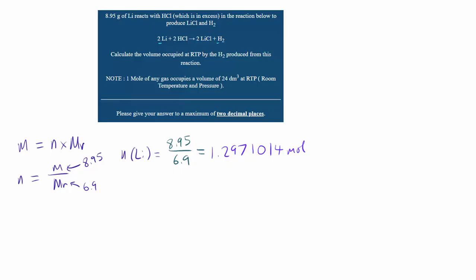What does that tell us? If we put together a comparison ratio, the moles of lithium compared to the moles of H2, we can say that for every 2 moles of lithium, we're going to get 1 mole of H2.